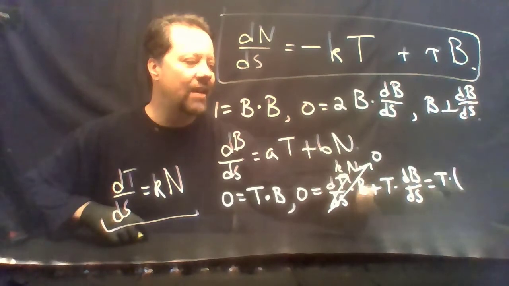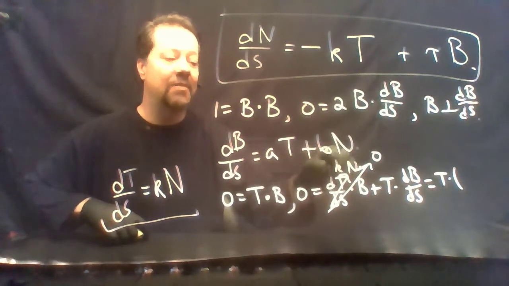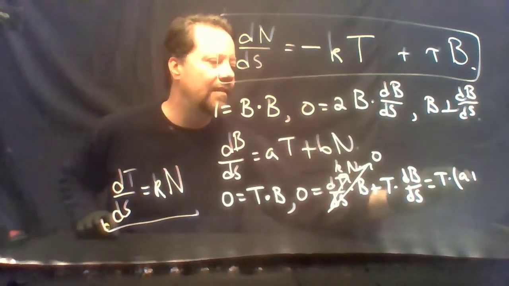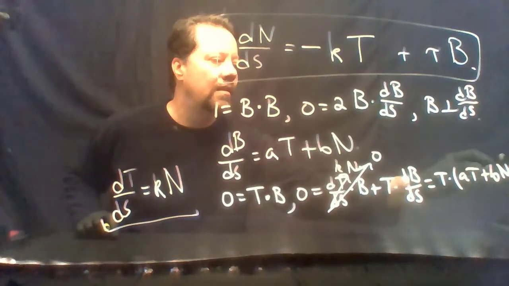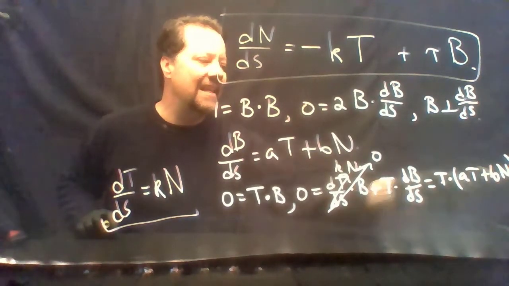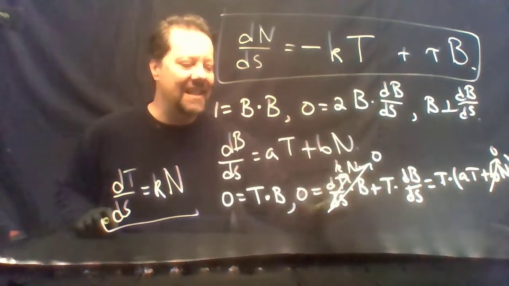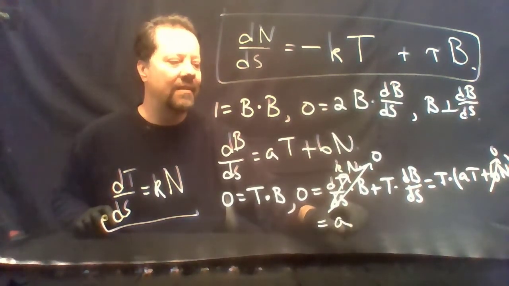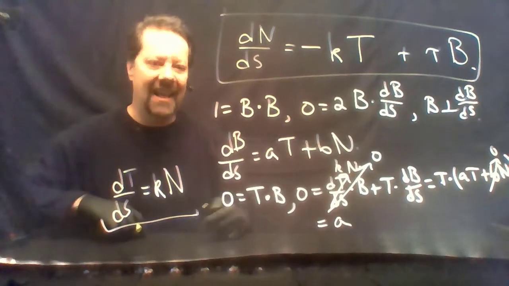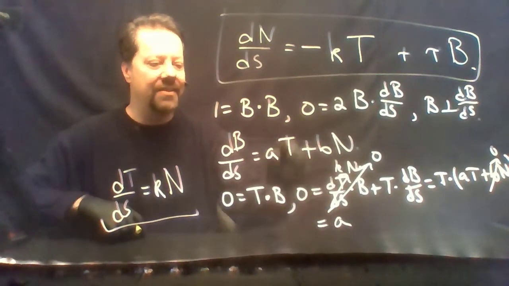So we get t dotted with a t plus b n. When we dot t with n, we get 0, and t dot t is 1. So we get a. A is 0.